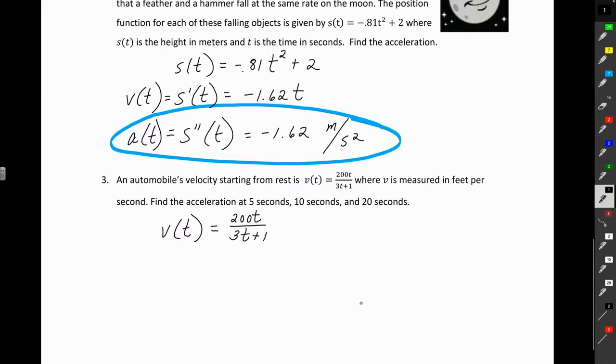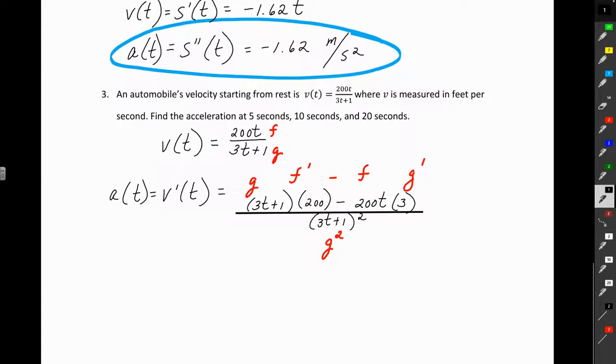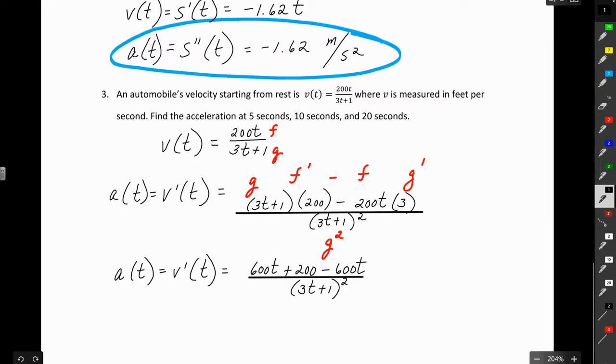So the first derivative of the velocity function gives us acceleration. Now we have a quotient, so I'm going to use the quotient rule. And now we'll simplify the numerator and simplify it one more time here.